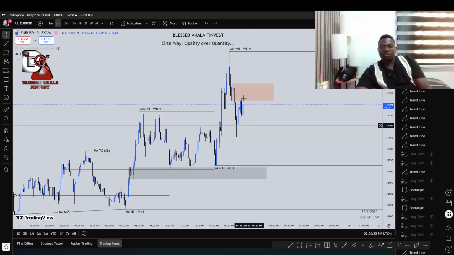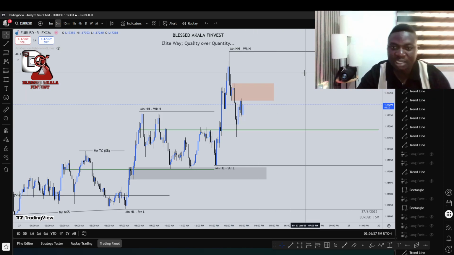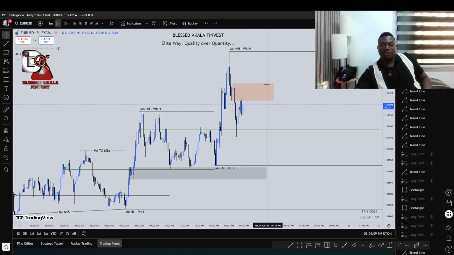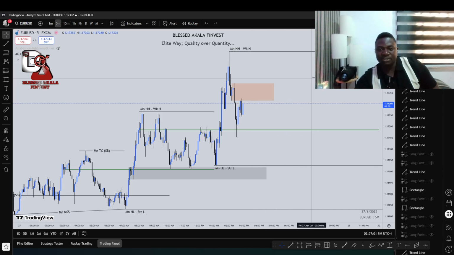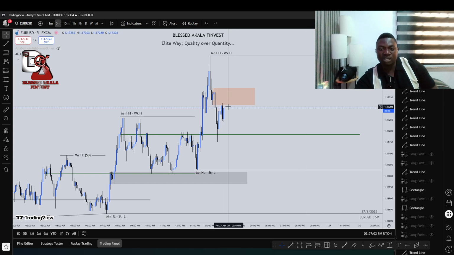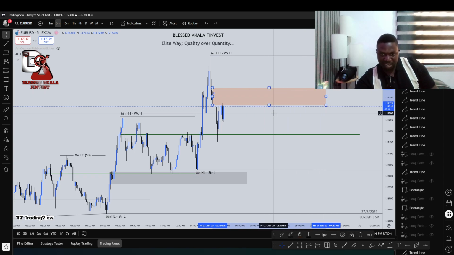So if this level gets transcended above, then automatically I believe our buy is secure. What we'll be looking at immediately after this level has been invalidated is to buy from this particular leg that we have.